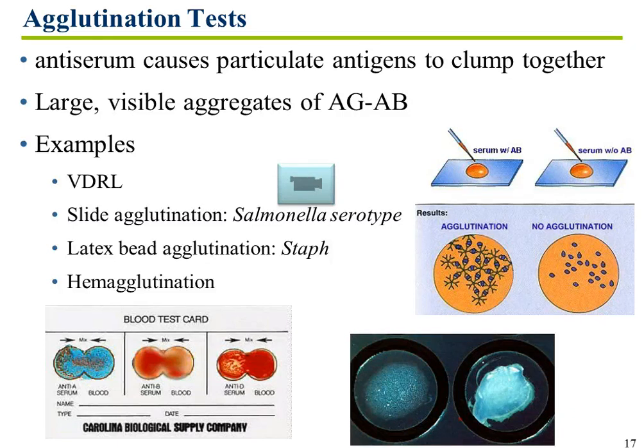You've probably seen this before if you've had A&P and you've done blood typing, because that's an agglutination test. Remember, look at the card at the bottom left. You see a blood typing card. You add the blood of the patient that you're interested in typing, and you have antibody that is added, like anti-A, anti-B, anti-Rh, and you mix them together on the slide, and you look for clumping of the red blood cells.